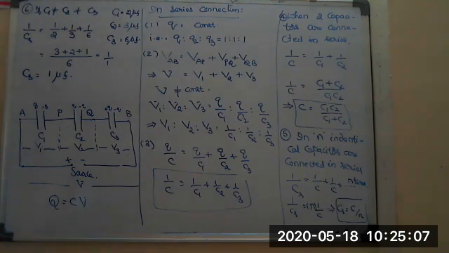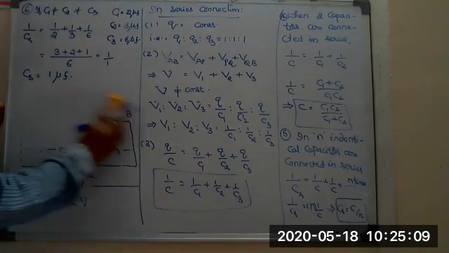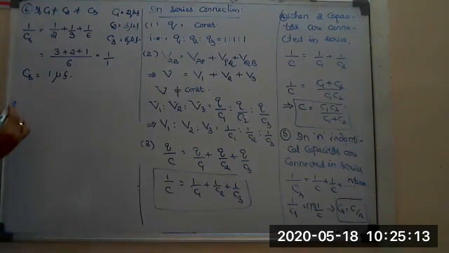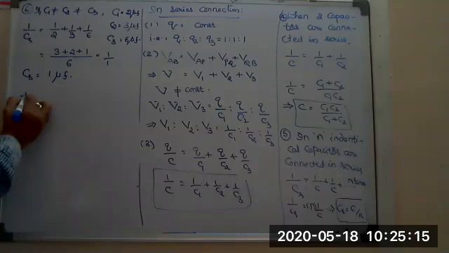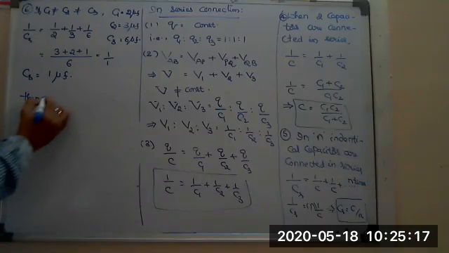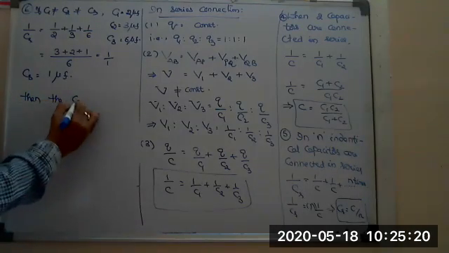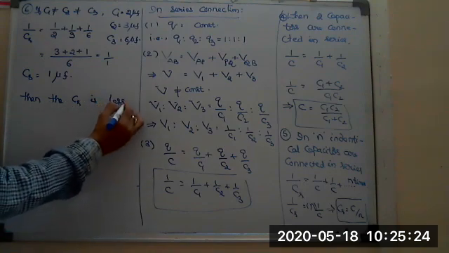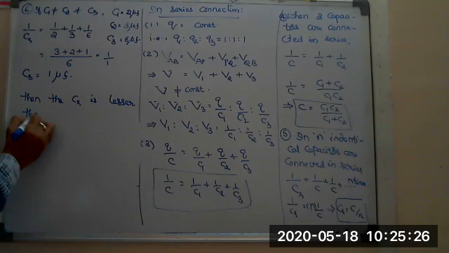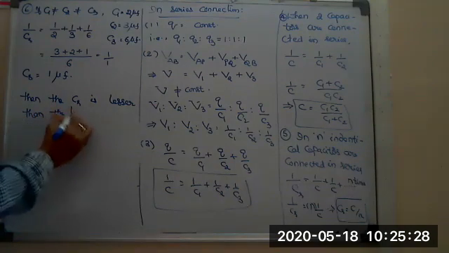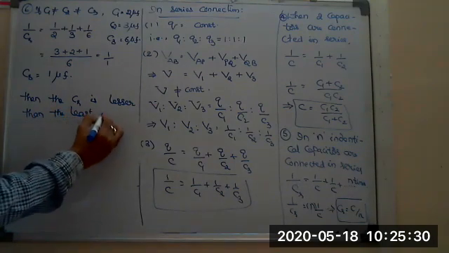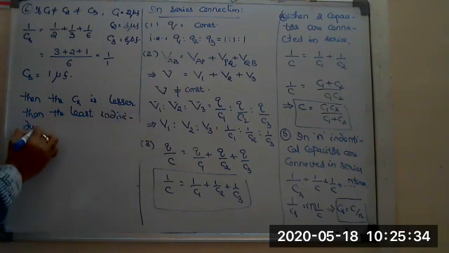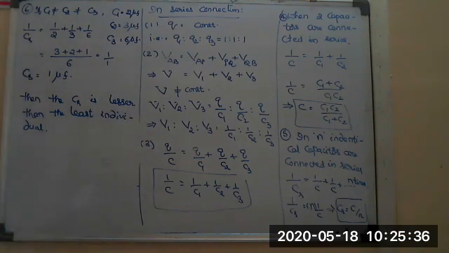That's why I can conclude from this example that in series grouping, the effective capacity Cs is lesser than the least individual capacity. I write like this.